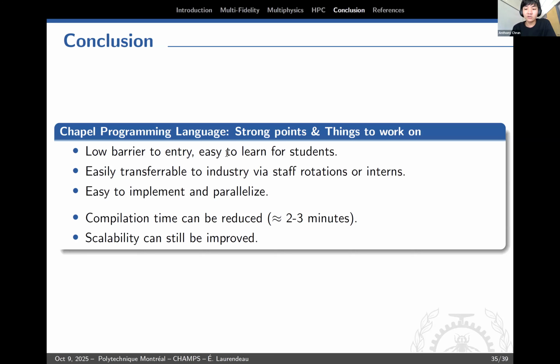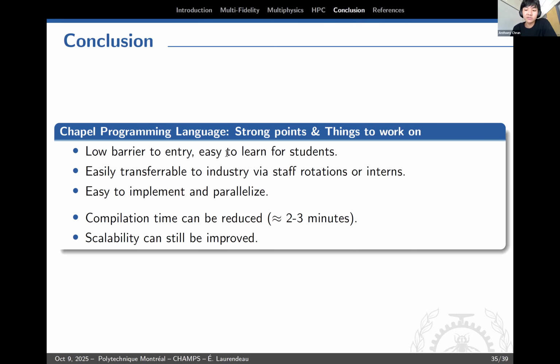And also, the Chapel language allows seamless parallelization. I'm talking about the coforall statement and basically the whole of the Chapel paradigm. It makes it very easy to parallelize, which is crucial in CFD development.